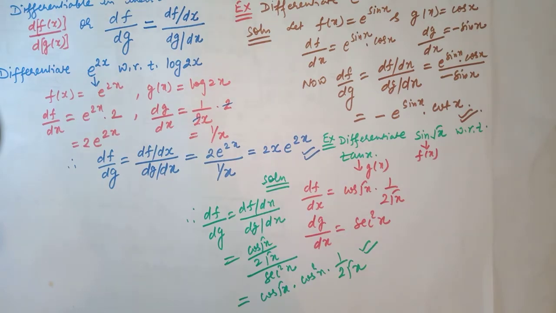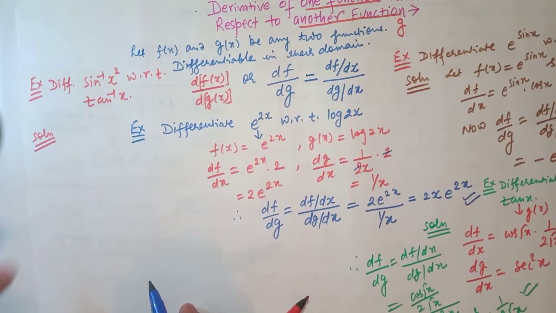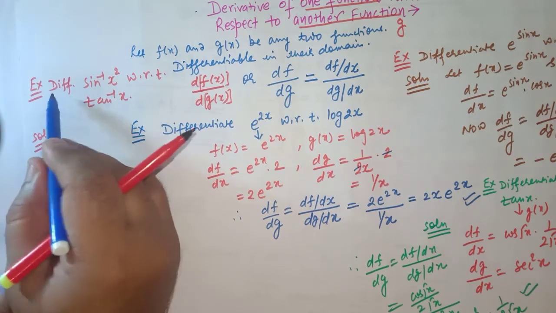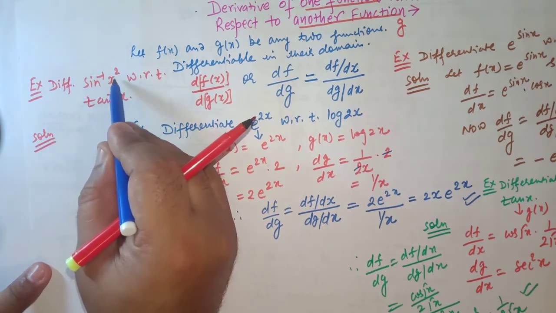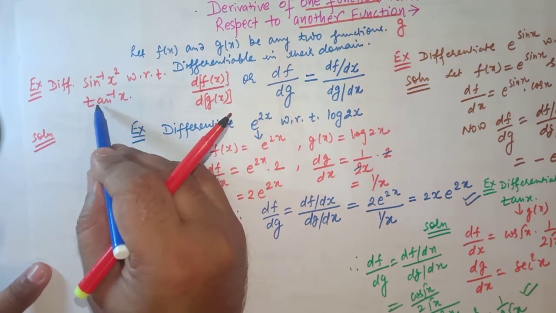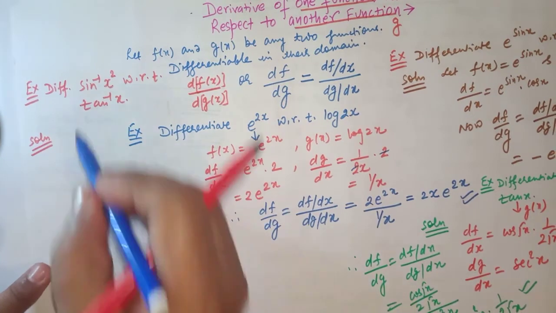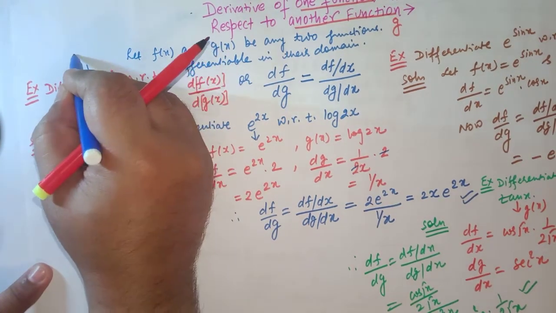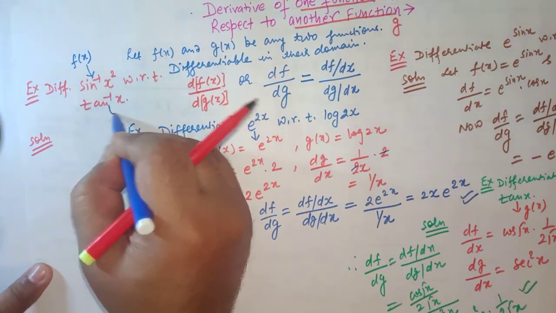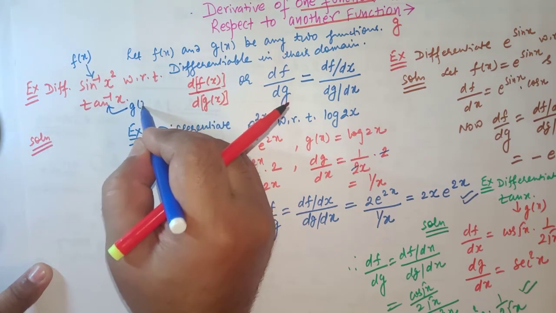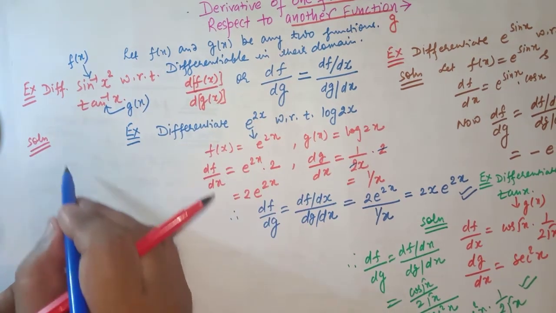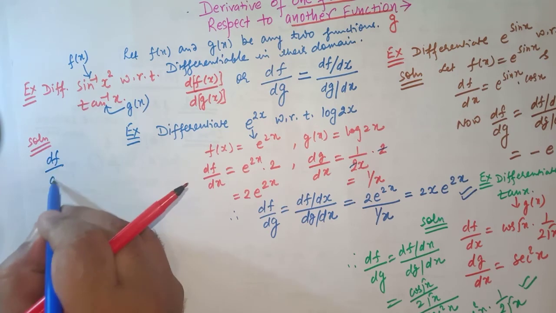Let us consider one more example. Here we have to differentiate sine inverse x square with respect to tan inverse of x. So we will assume it to be f(x) and this function to be g(x). Now we will find df by dx.